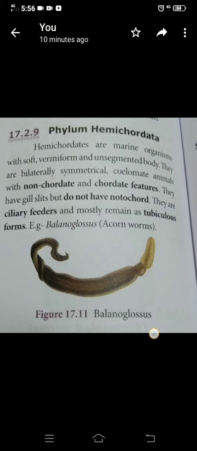They have gills but do not have a notochord. Notochord means an earlier form of the backbone. That is what is called a notochord. It is a ciliary feeder. Ciliary feeder means it takes food with cilia. Mostly they remain in a tubular form, a tube-like structure.